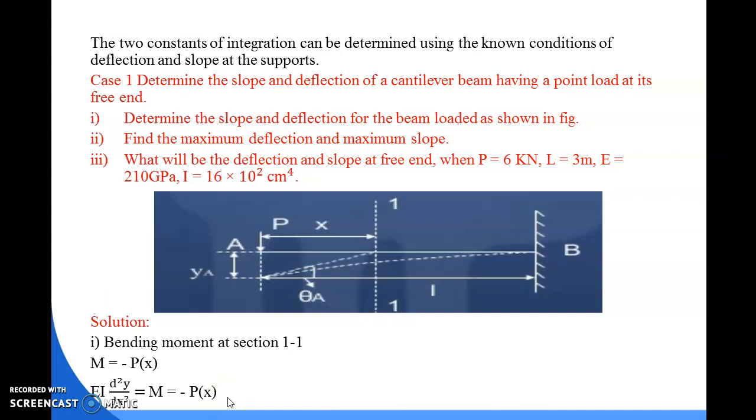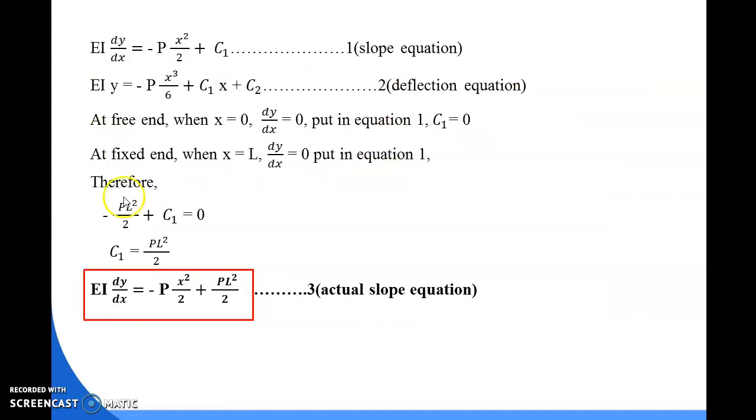By integrating this, we can get the slope and deflection of this beam. If we integrate once, we get EI dy by dx equal to minus P x square by 2 plus C1, where C1 is the constant of the first integration. This equation is your slope equation.